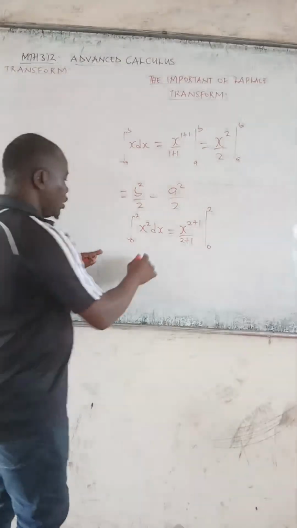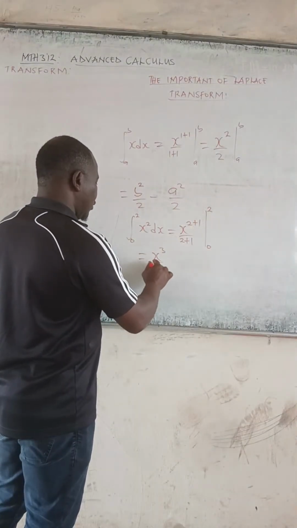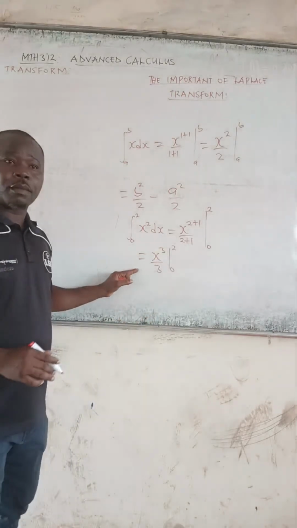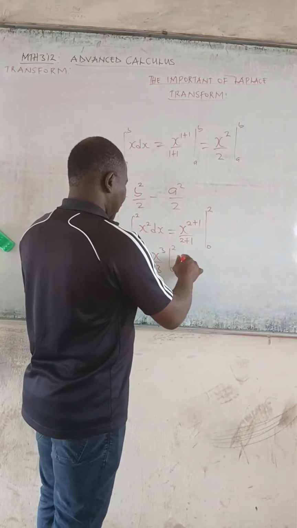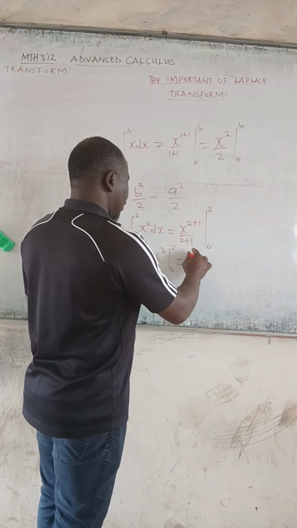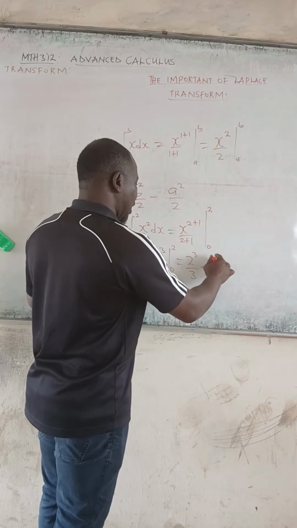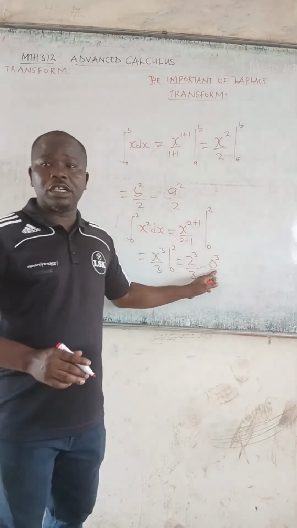Then this will be x raised to power 3 all over 3 at 0 to 2. Then this will now be 2 raised to power 3 all over 3 minus 0 raised to power 3 all over 3.